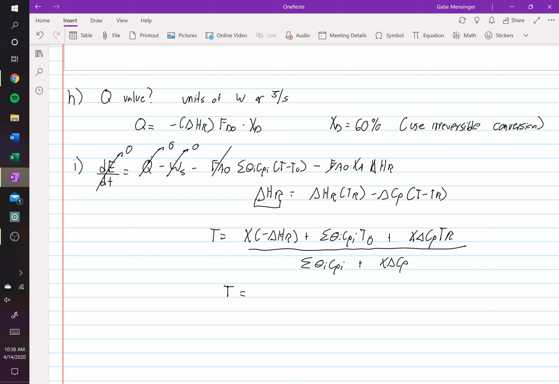This is very close to what I just wrote down. So we used this before for adiabatic systems, the second one here. The reason why we're going to have to use this top one up here is that this bottom one is only true if delta CP is equal to 0. And as you're going to find in this problem, delta CP is not actually equal to 0.